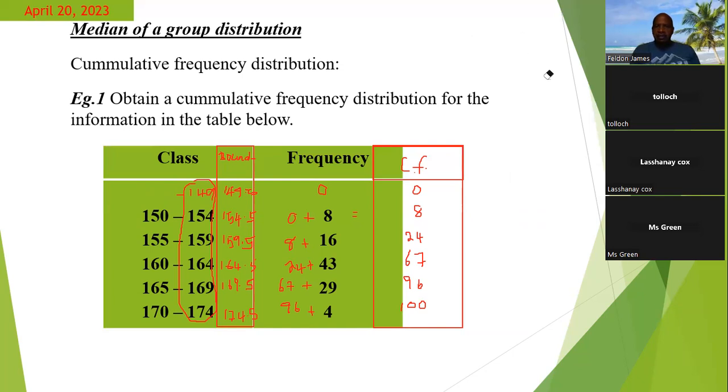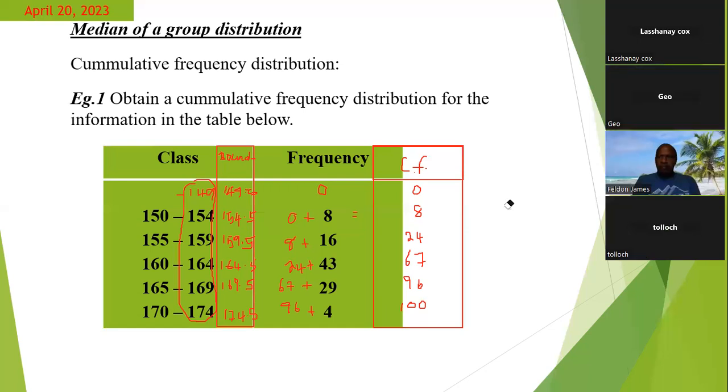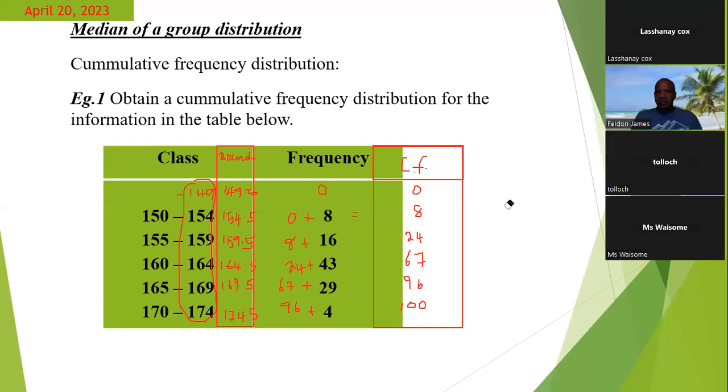All right. So let me see the hands of those who actually are comfortable calculating the boundary values and calculating the cumulative frequency values. Ms. Cox? Yes, sir. Sir, I just want to tell you that I'm okay with it. Okay, all right, very good. Anybody else? Let me see that. All right, Mr. Giovanni.